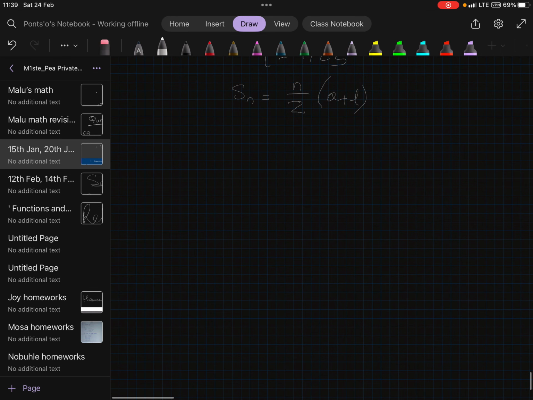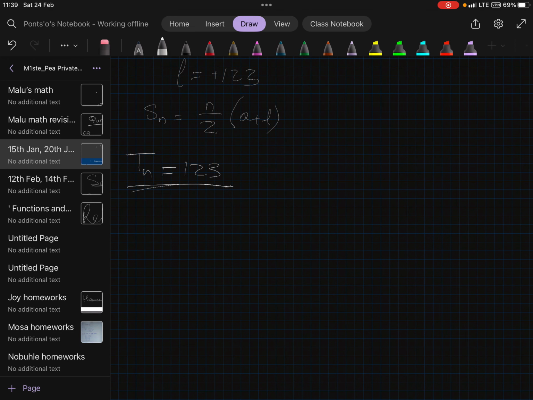Before we get to that formula, we can find what the subscript n is. So Tn is 123, which is our last term. The nth term is 123. Is it not the first term? Oh, Tn, yes. Tn is the last term, in this case.